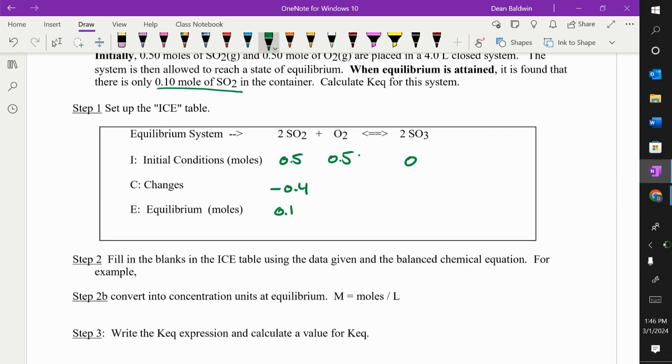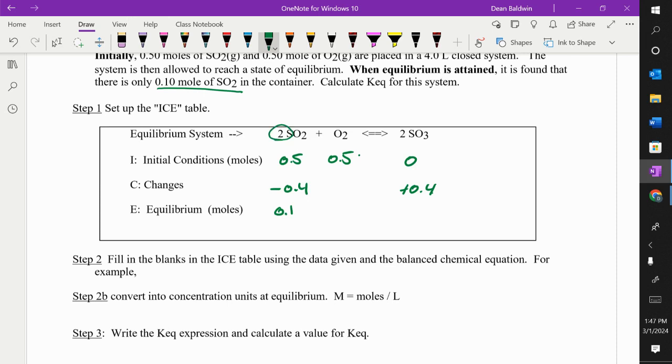So let's look at sulfur trioxide. How many moles of SO3 did we gain? If we lost 0.4 moles of this, how many moles of this did we gain? 0.4, because it's a 1-to-1, right? How many moles of oxygen did we lose? 0.2, because this is a 2-to-1.